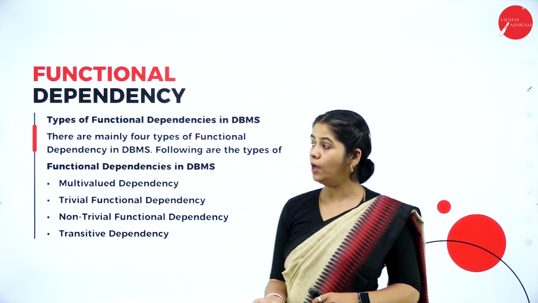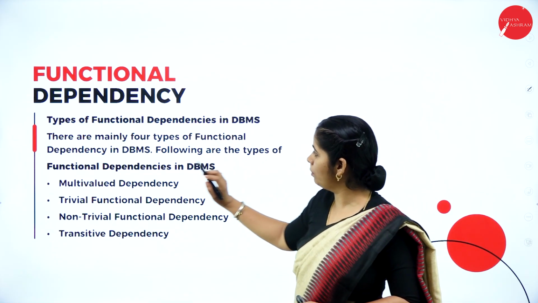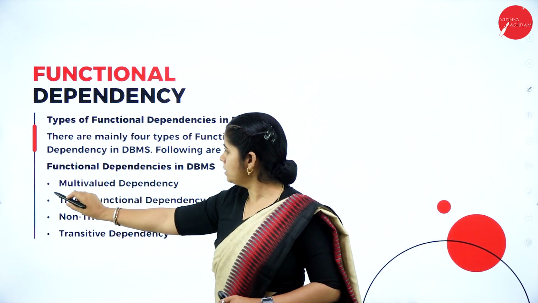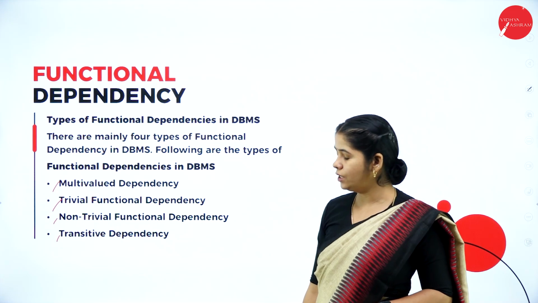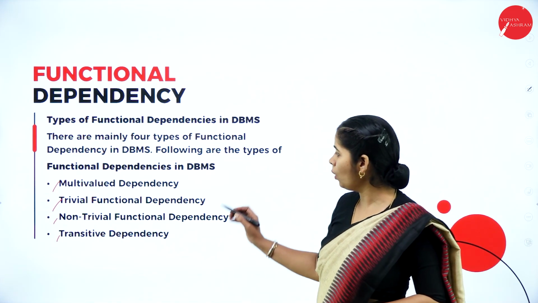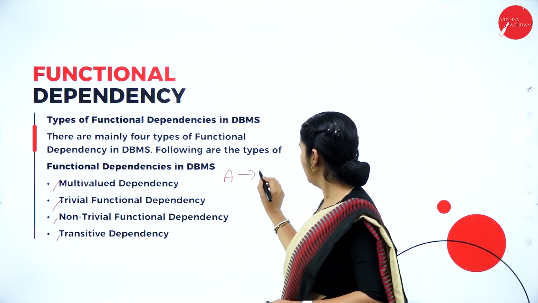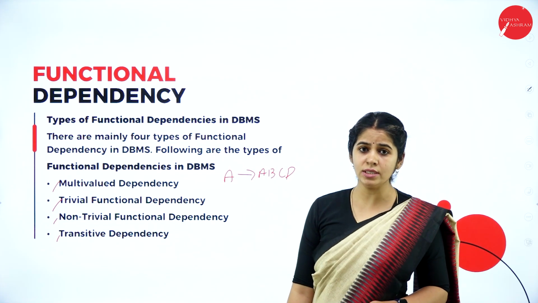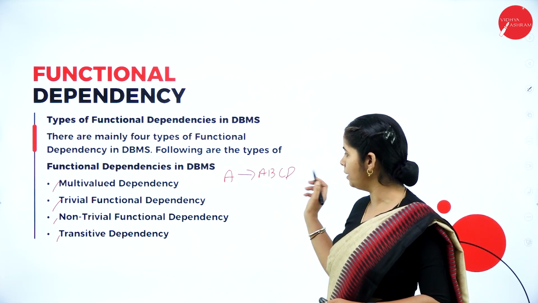Next we'll move to the types of functional dependency. In the database, there are mainly four types of functional dependency: multivalued, trivial, non-trivial and transitive dependency. What is multivalued dependency? A determines B, C, D. So this is called a multivalued functional dependency.